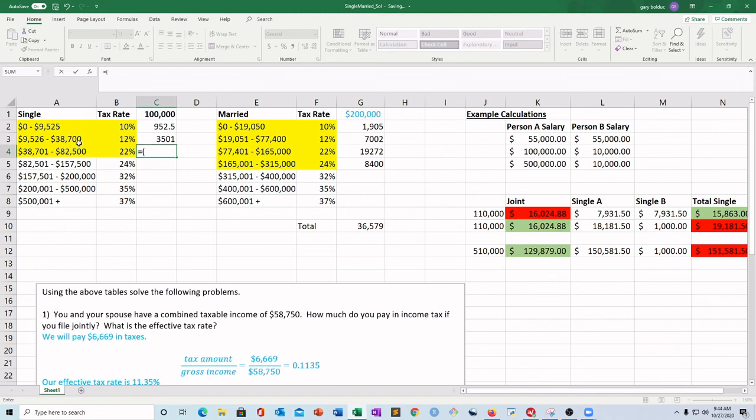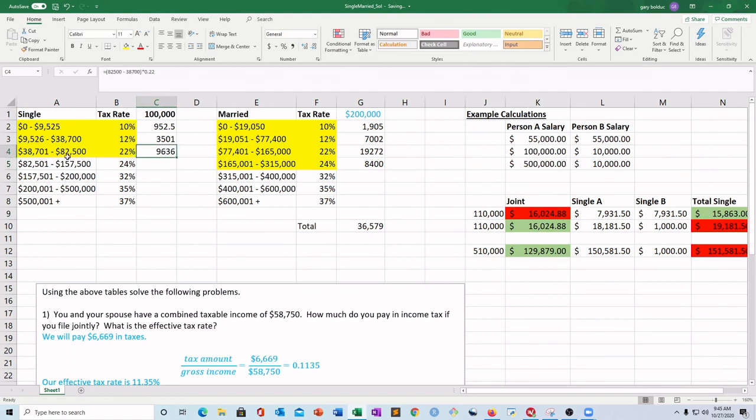So how much gets in there? 82,500 minus 38,700. Remember, that's because my money fills up all the way to 82,500, but I've already been taxed on a full 38,700, so I take that away. Times 0.22, because it's 22%. Okay, so that's this full box.